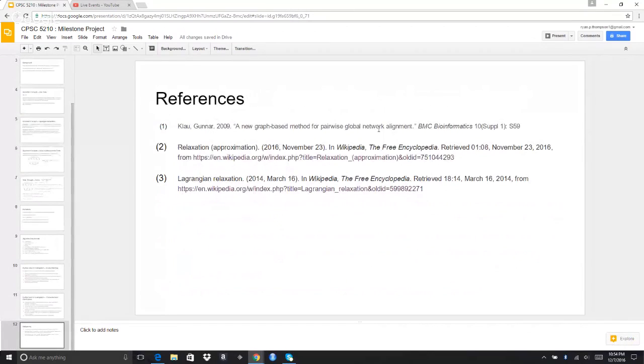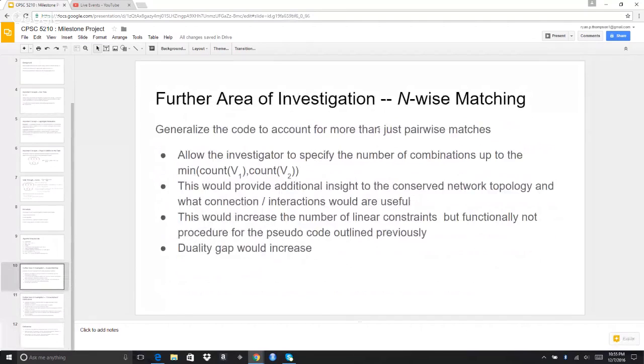And then before, there were a couple of references. One, pulling some direct quotes from the paper, and then two, some of the relaxation and Lagrangian relaxation from the Wikipedia sources. So again, the further area of investigation, or my own contributions after reading the paper on pairwise matching: how are long or short chain connections conserved between a stimulus or a change applied to network topology?